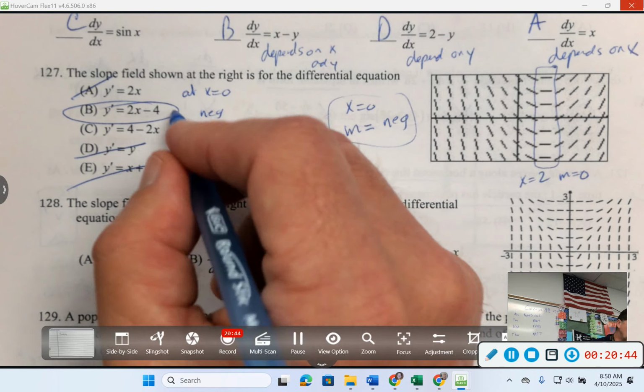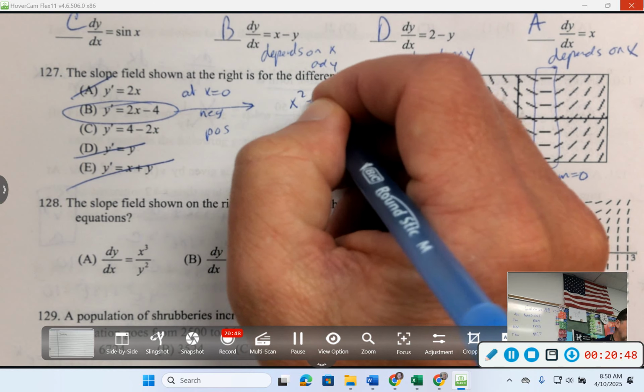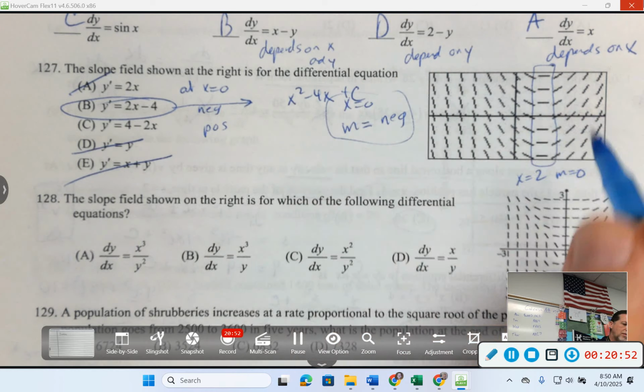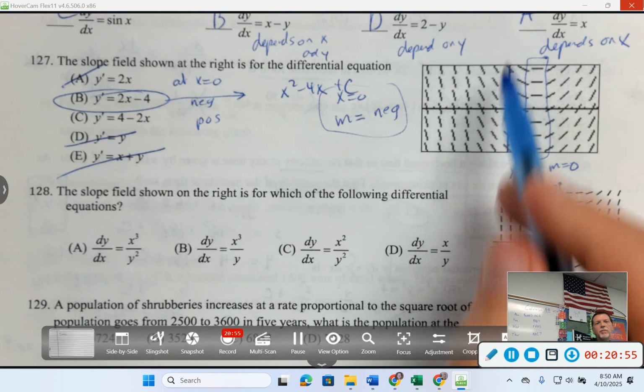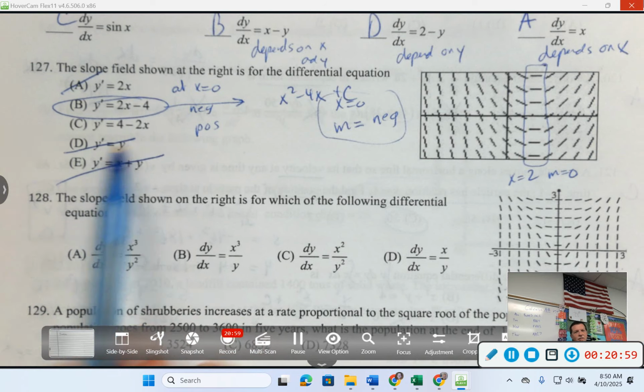I suppose you could check that by integrating. That'd be x squared minus 4x. And I would believe that. That's a positive parabola. The other one would be a negative parabola. And those others would be weird things.